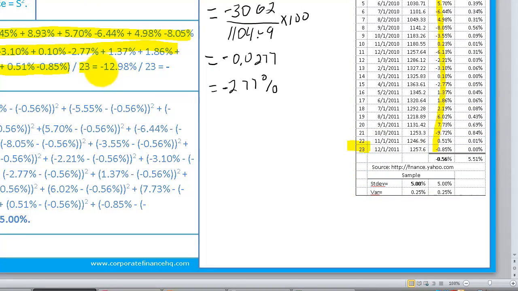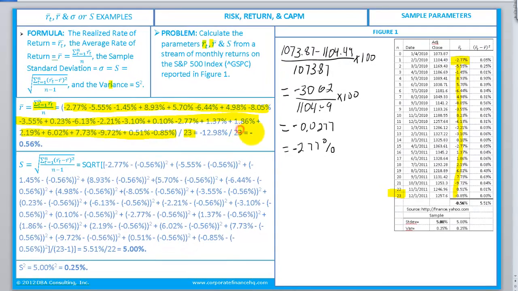If we do the math, we get negative 12.98% divided by 23 is equal to negative 0.56%. And this is the same as we have here, calculated from the Excel spreadsheet.